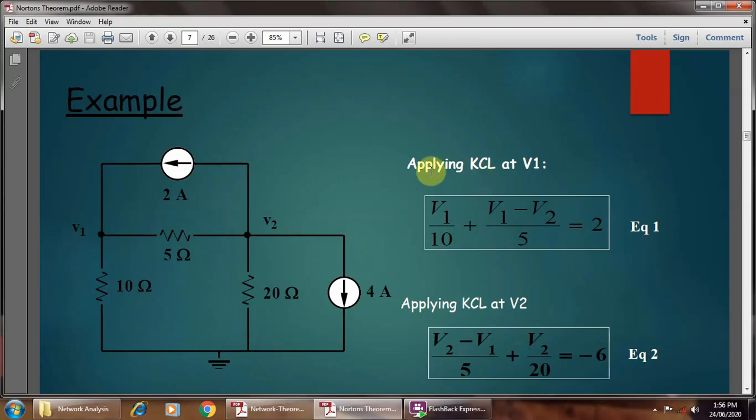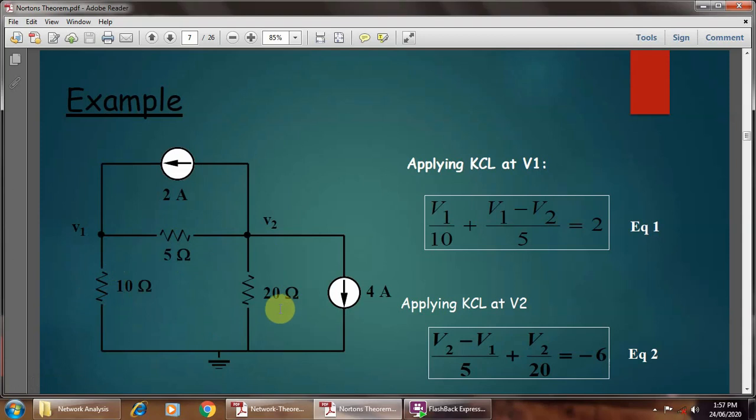Applying KCL at V1: (V1 minus 0) upon 10, that is V1 upon 10, plus (V1 minus V2) upon 5, which is equal to 2, because this is the incoming current, and the current from this node should be divided. That is V1 upon 10 plus (V1 minus V2) upon 5, equal to 2 ampere.